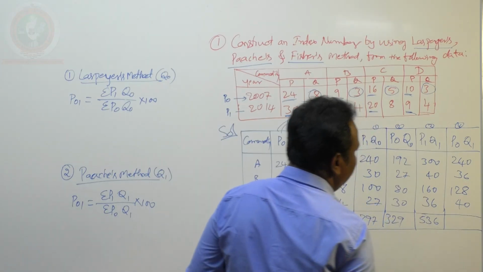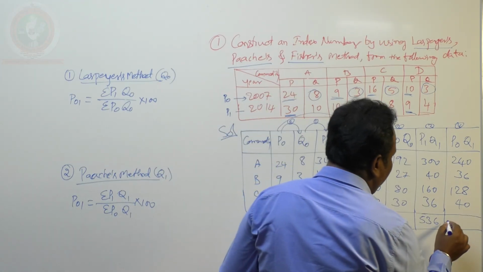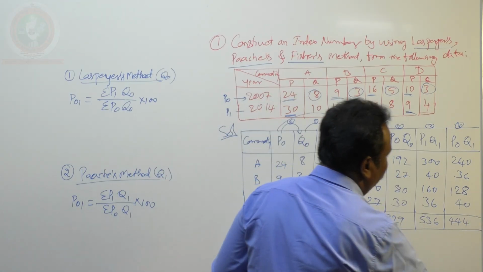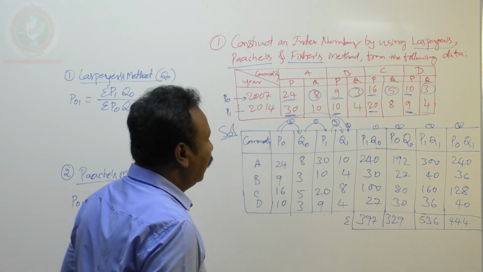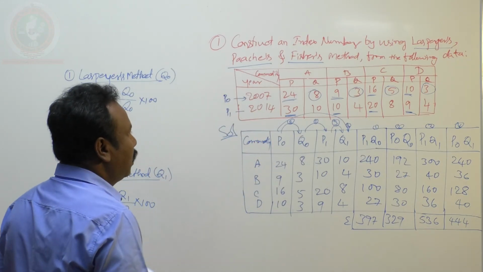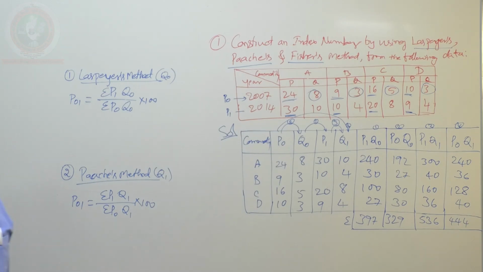So, the summation of P0 Q1 is 444. Based on this we calculate the index value.